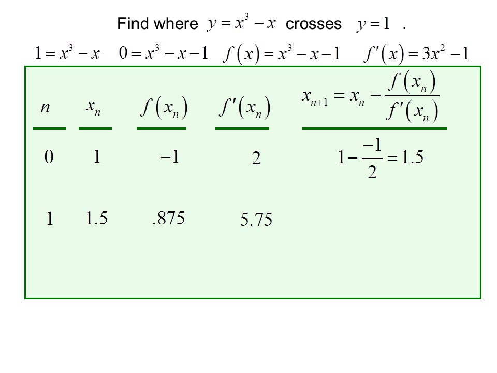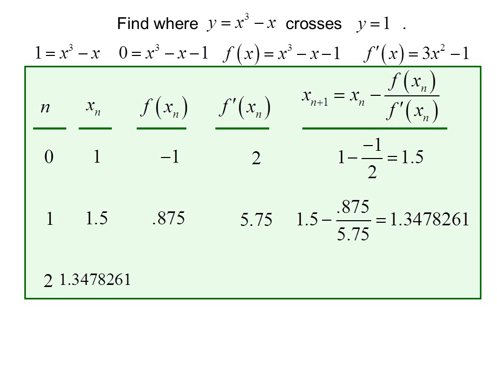And then I plug those three values into the Newton's method equation to get my next guess, 1.3478261. Obviously, I'm using a calculator here, but if you had just a little time, you could do it by hand. So after 2 iterations, this is my guess, 1.34 something.